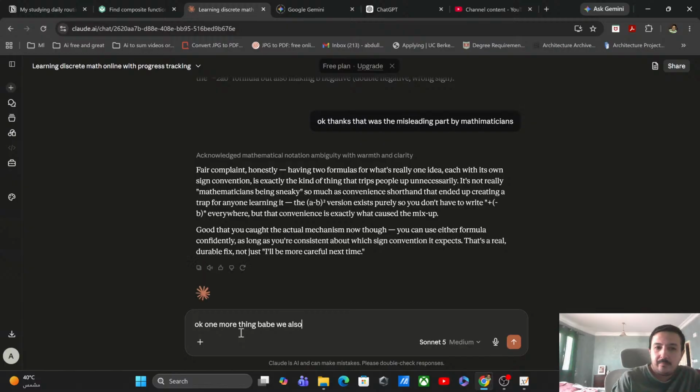Fair complaint, honestly. Having two formulas for what's really one idea, each with its own sign convention, is exactly the kind of thing that trips people up unnecessarily. It's not really mathematicians being sneaky so much as convenience shorthand that ended up creating a trap for anyone learning it.